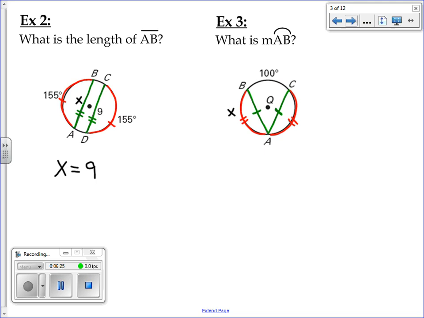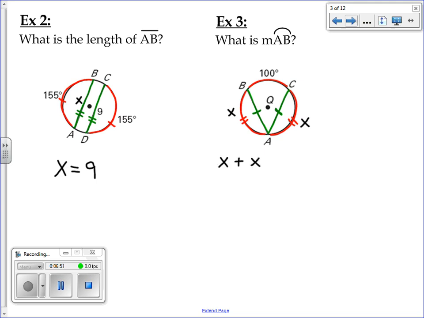So if arc BA is called x, I can also call arc CA x. And then how do you think that's going to help us find the measure of arc AB? Well, if you notice, we were given that this very top arc is 100. And what do we know about a full circle? It's 360 degrees. So I can add up all the arcs that I have and equal them to 360.